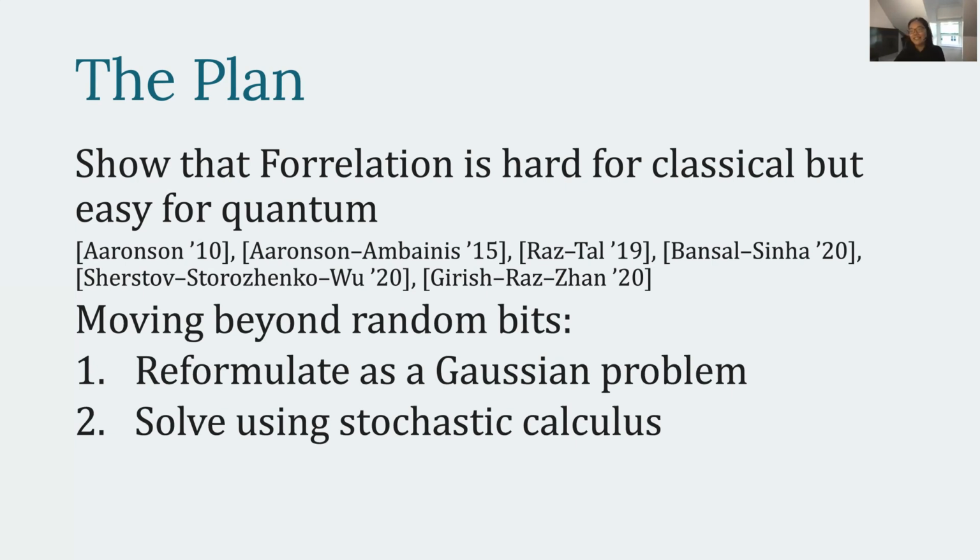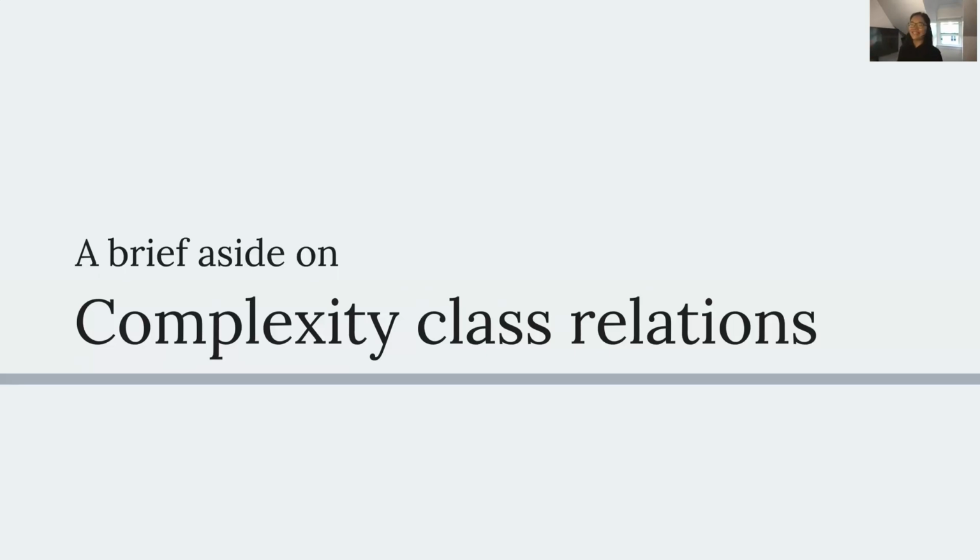But first, let me tell you a story about complexity classes. I'm not going to go into a lot of precise technical details here. Everything I say can be made precise, but you should take it as some intuition. I'll draw some pictures about complexity classes. First, there's the class of functions computable by polynomial time machines, called P. We think of them as the problems that can be solved by a physical classical computer in a reasonable amount of time.